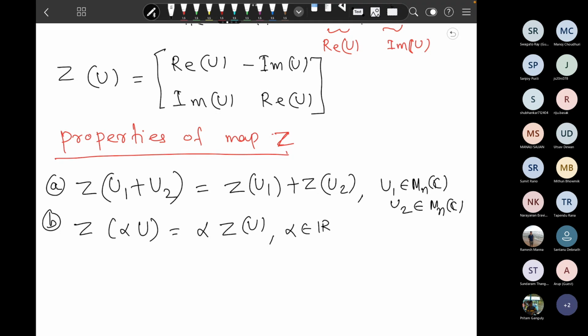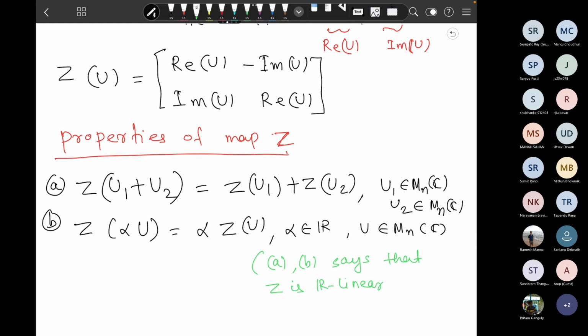This is also clear, because the real part of alpha U is simply alpha times the real part of U, and the imaginary part of alpha U is alpha times the imaginary part of U. So properties A and B say that Z is R linear.